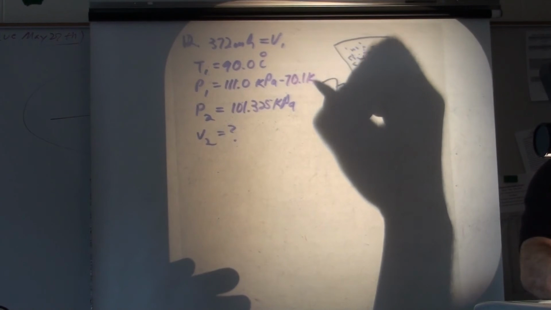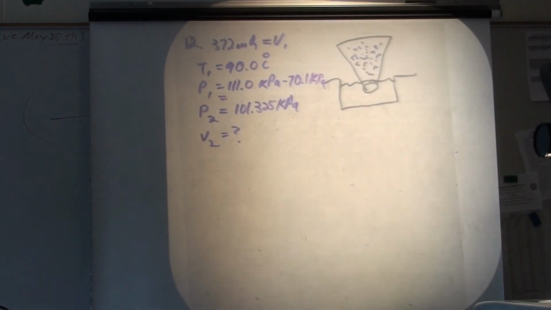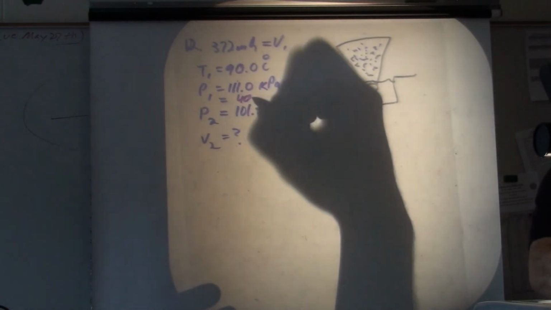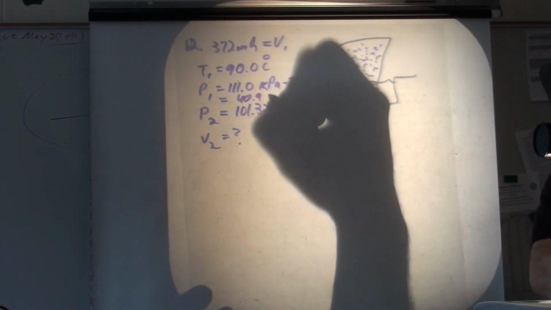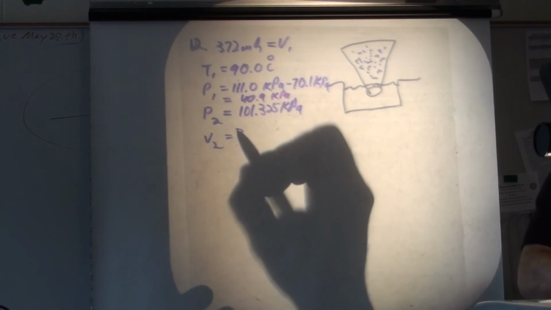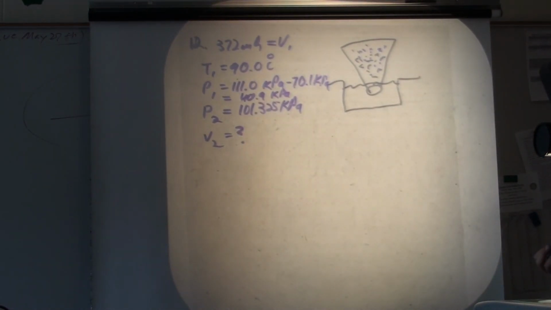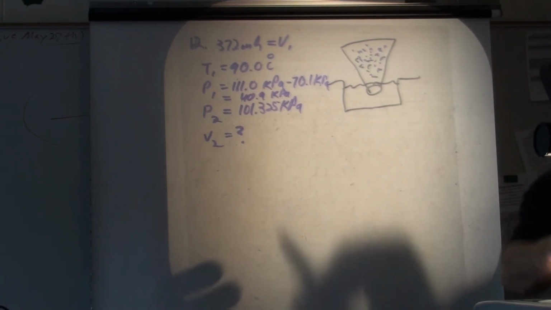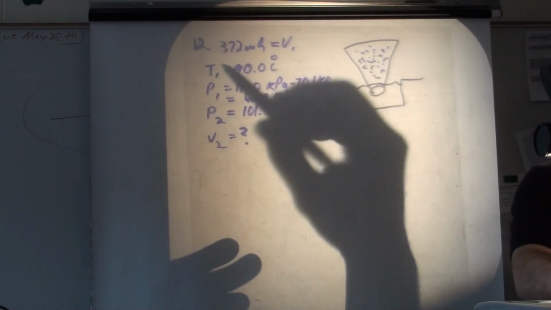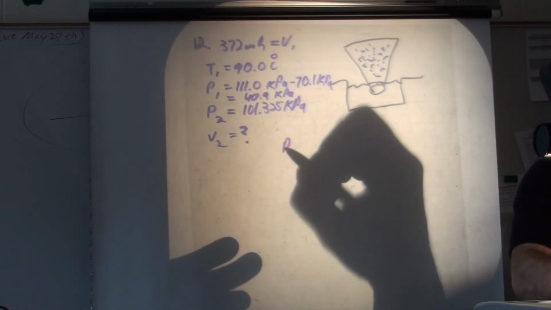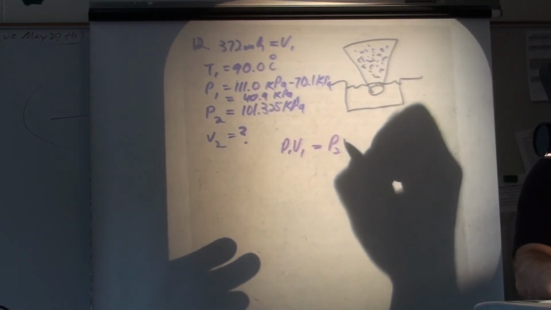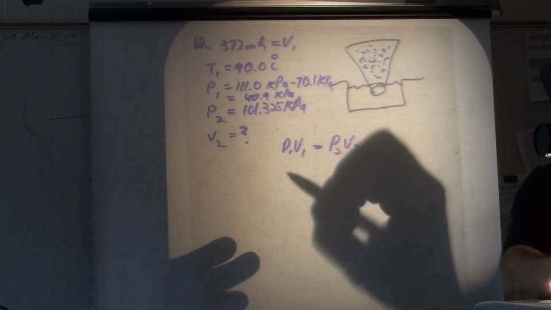So we have to subtract that to get our real P1. And then we're set to go. Temperature is staying constant there, so we don't have to worry about it. P1, V1, P2, V2. Solve for V2.